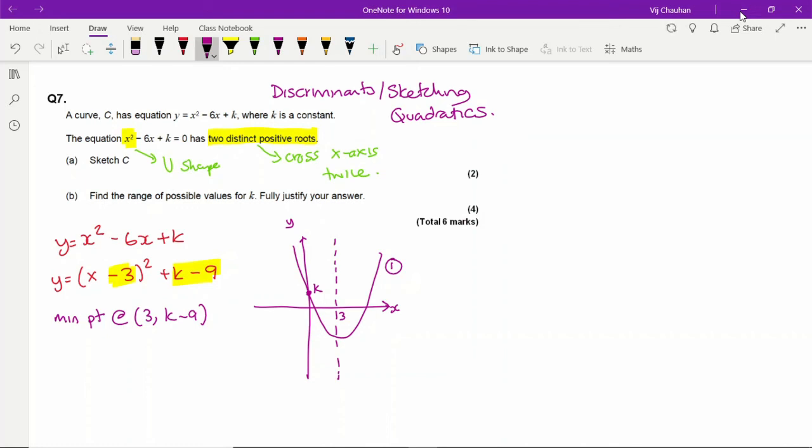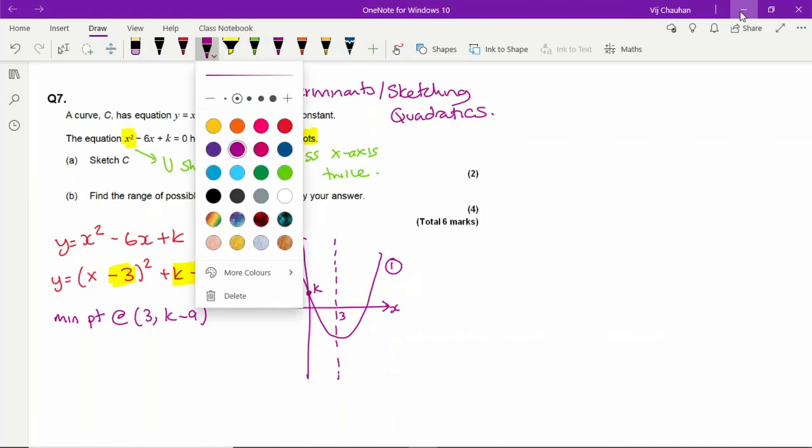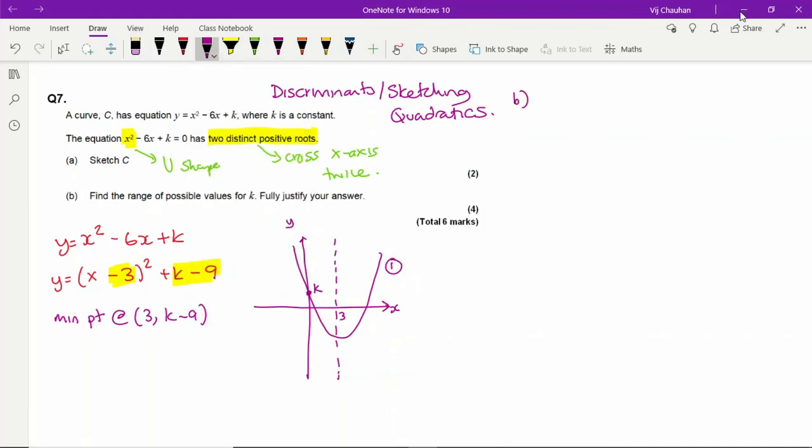Now the next question says find the possible range of values for k, fully justifying your answer. The key thing with regards to part (b) is again knowing that it's got two distinct roots. So as it has two distinct roots, I know that b squared minus 4ac is going to be greater than 0.